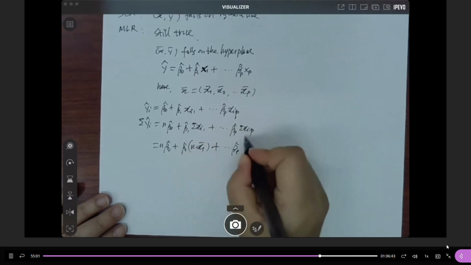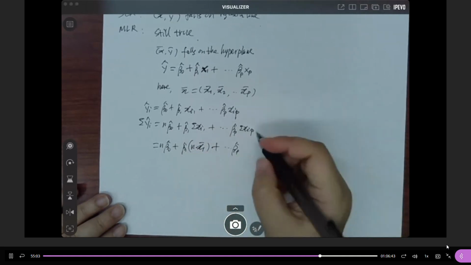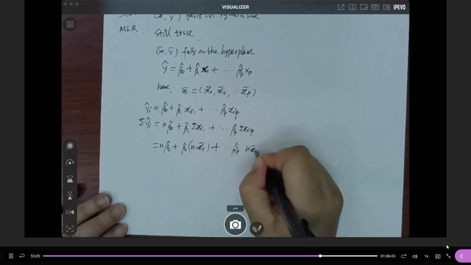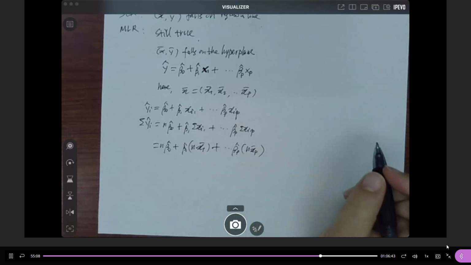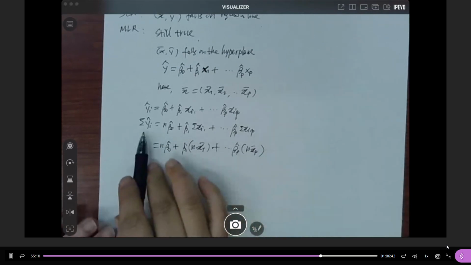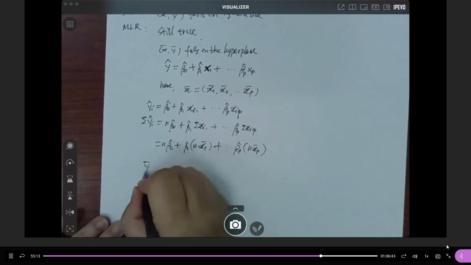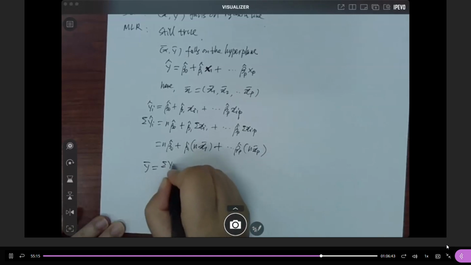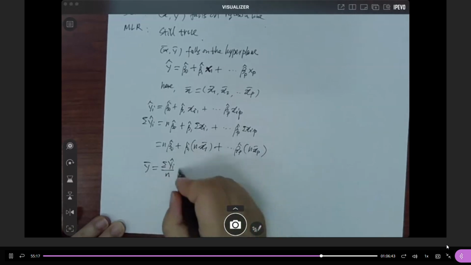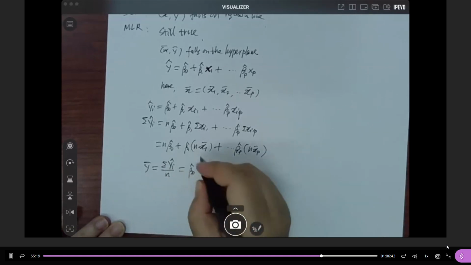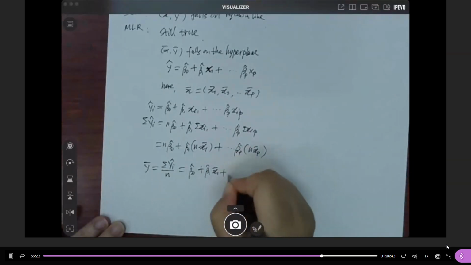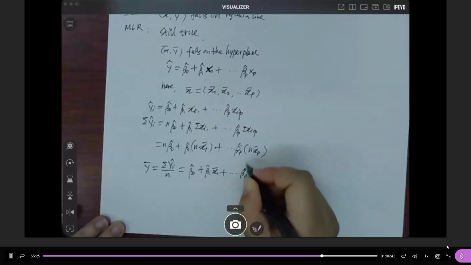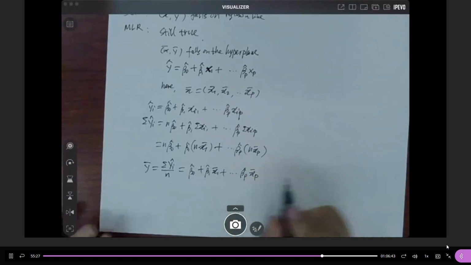Then beta p hat times summation of xip will be n times xp bar. Then you divide by n to get y bar. y bar is still summation of yi hat divided by n. What do you get? You get beta 0 hat plus beta 1 hat x1 bar all the way to beta p hat xp bar.